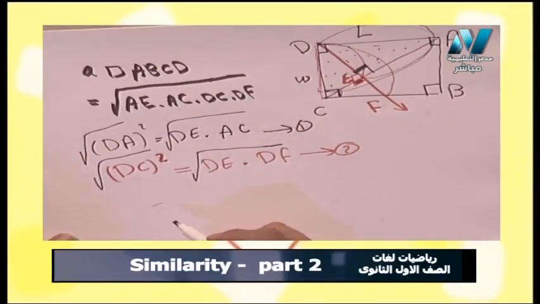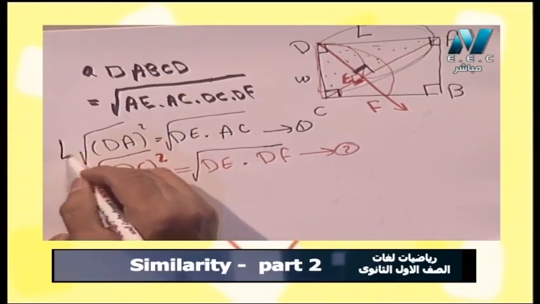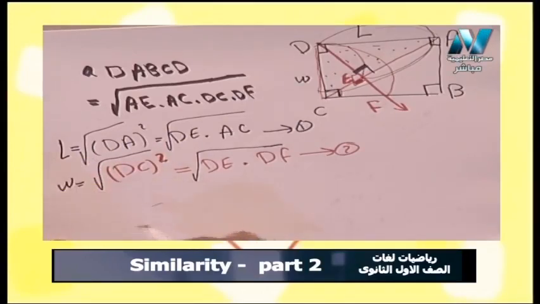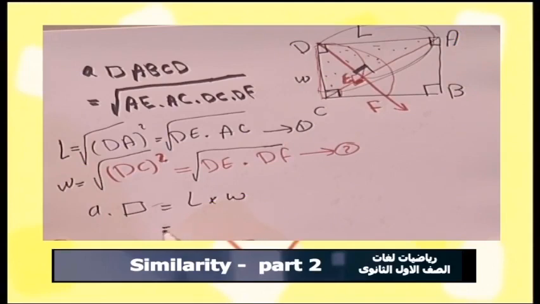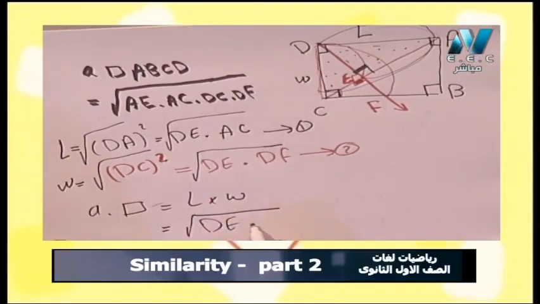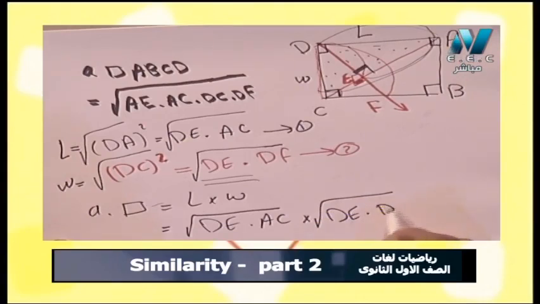And we know that DA is the L, which is the length of the rectangle, and DC is the width of the rectangle. And we know that the area of a rectangle equals length multiplied by width. So area equals square root of AE times AC, multiplied by the other square root, which is the width, which is equal to square root of DE multiplied by DF.